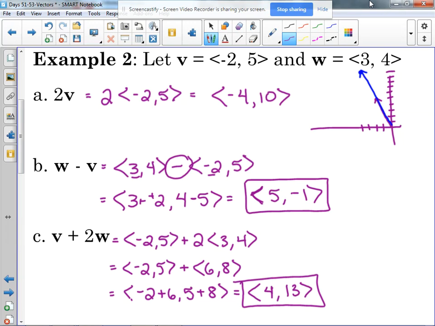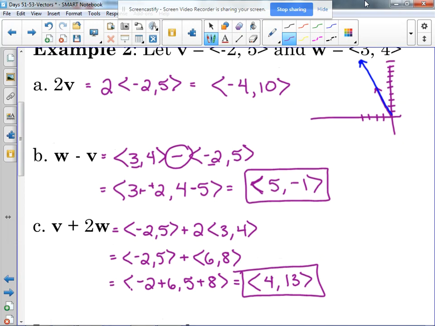Now, there is a geometric way to look at this as well. When you add vectors, they call it tip to tail. So we start with v first, so we graph our negative 2, positive 5.